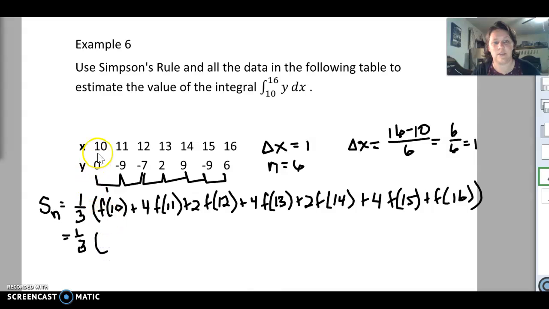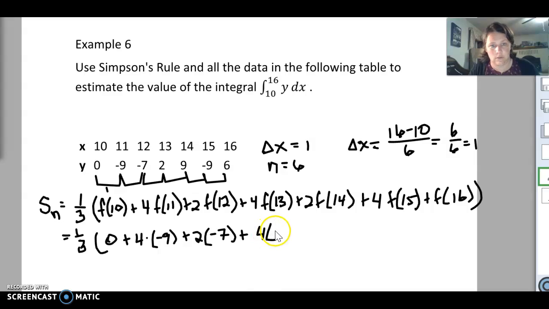Really nice, because now we know exactly what f of 10 is. F of 10 is 0 plus 4 times negative 9 plus 2 times negative 7 plus 4 times 2 plus 2 times 9 plus 4 times negative 9 plus 1 is our coefficient there, so just 6.